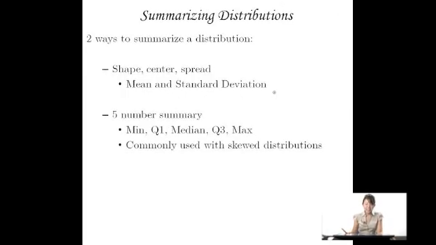All right, so there are really 2 ways to summarize a distribution. We've been talking about one way so far, where we talk about shape, center, and spread. And usually when we talk about shape, center, and spread, we often use the mean as a measure of center. It could be median, but a lot of times people use mean.